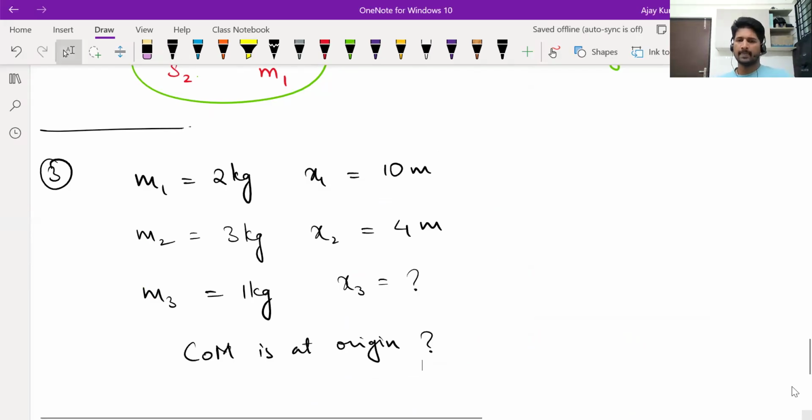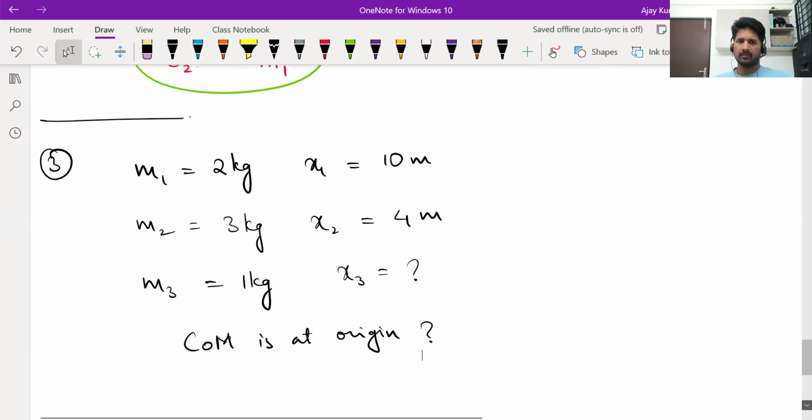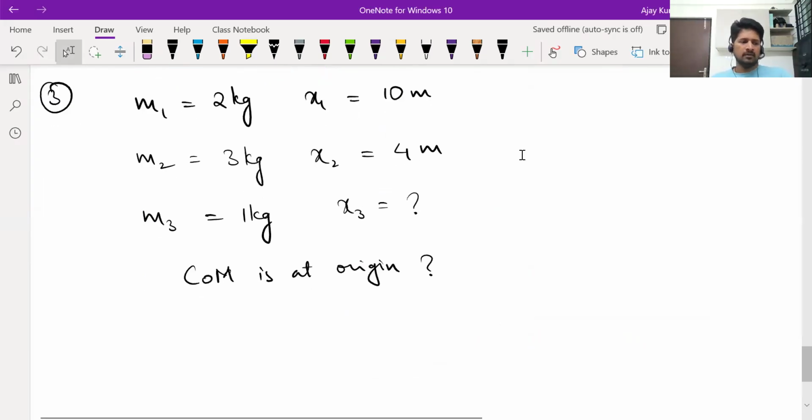Try. Two particles' positions are given to you. Center of mass position is also given to you. Find out position of the third particle.